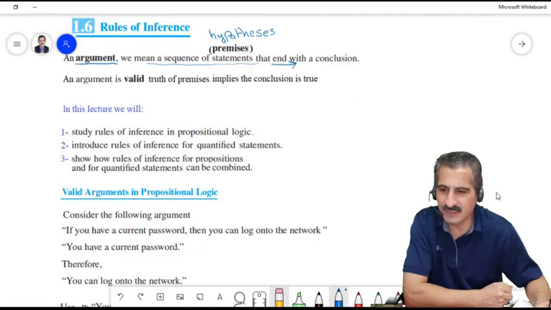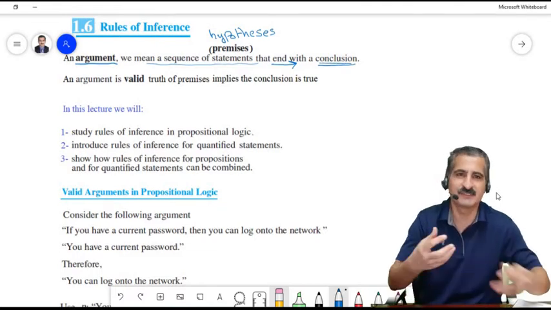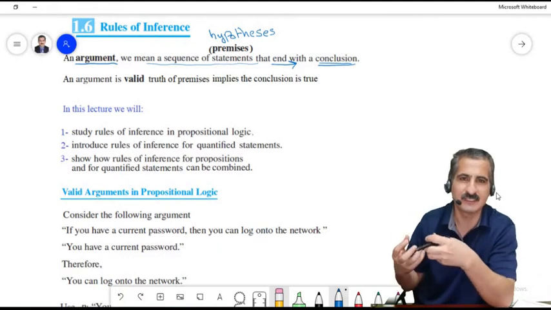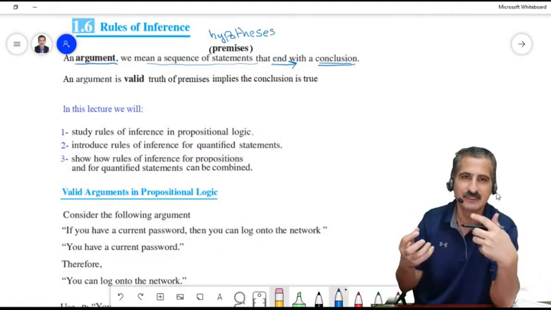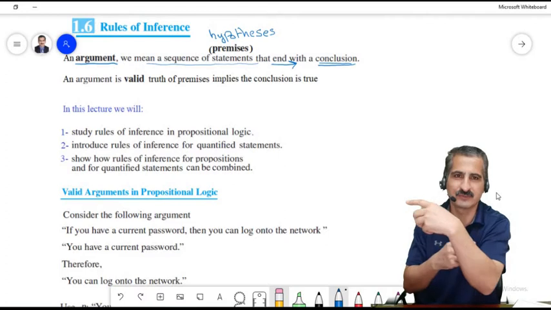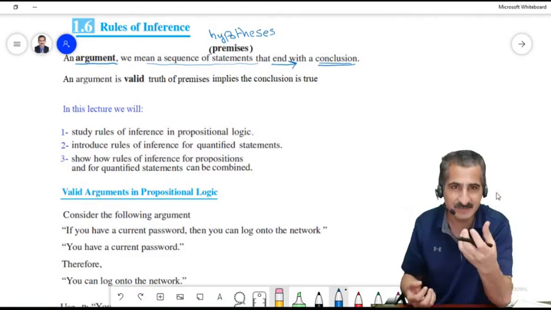This hypothesis gives conclusion. So it is a very natural thing, but we are describing it in words. An argument is some statements, hypotheses, premises together that gives a conclusion. So we have two parts: premises and conclusion.